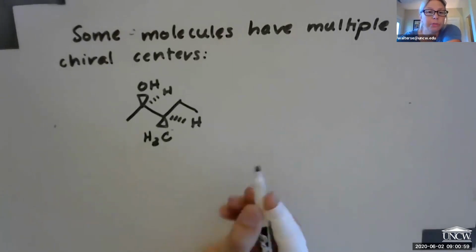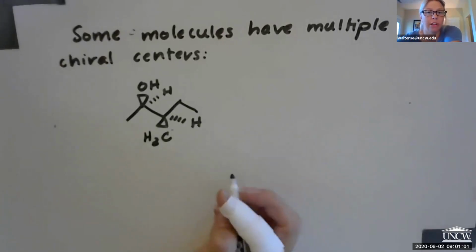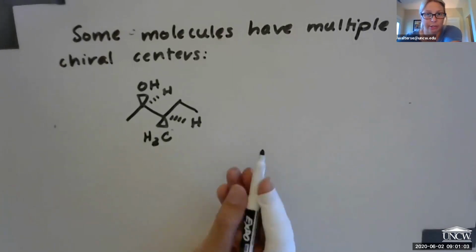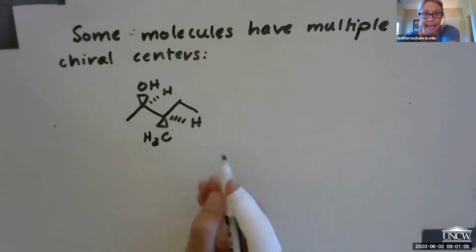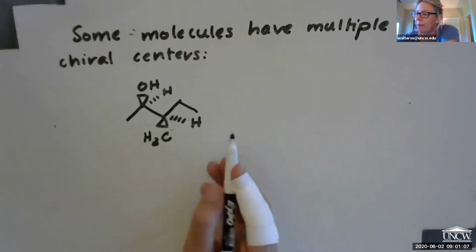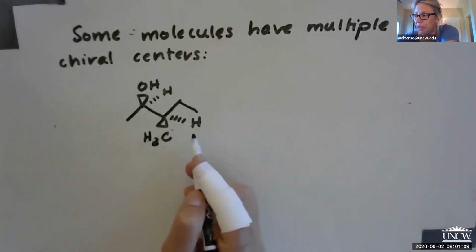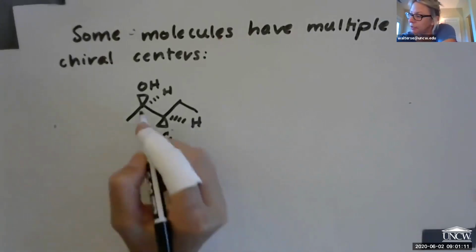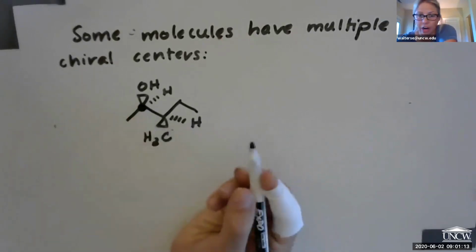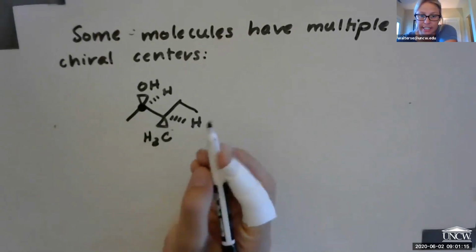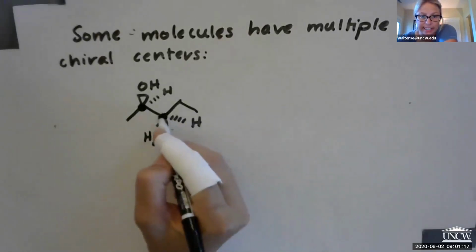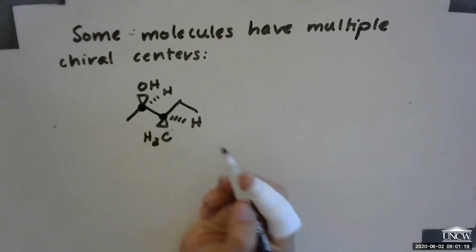So all the examples we looked at yesterday, the molecules only had one chiral center, but that doesn't necessarily have to be the case. In this example, there are two chiral carbons. One is the carbon with this hydroxide, and the second is this one right down here.